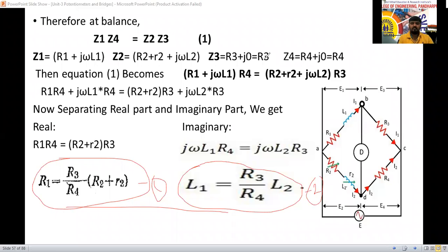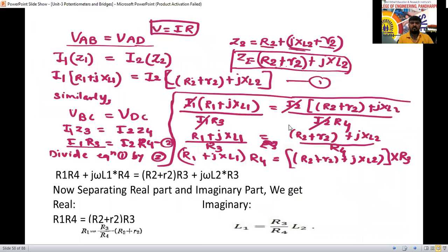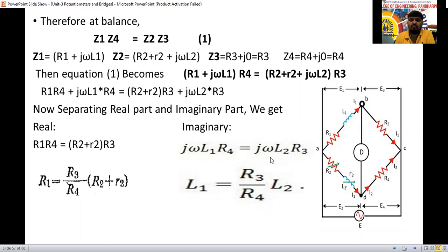Anyone? Think a little, think and tell me, are both dependent or independent? Same equation we can write. According to Ohm's law, V equals IR. When the bridge is under balanced condition, VAB equals VAD.